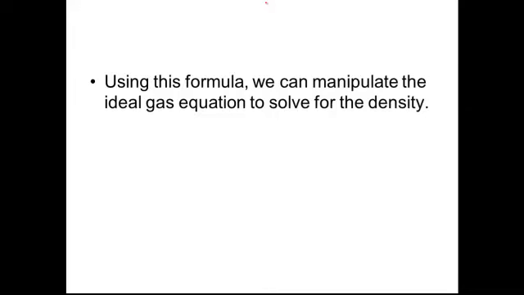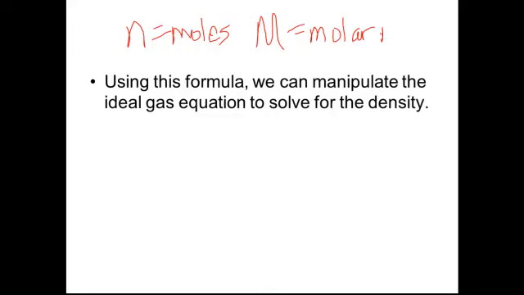We know, like I just showed you, that lowercase n is equal to moles. A new letter that we're going to use now is capital M, and that capital M stands for the molar mass. When we had the moles, we took the moles times the molar mass, which gives the mass of the gas.